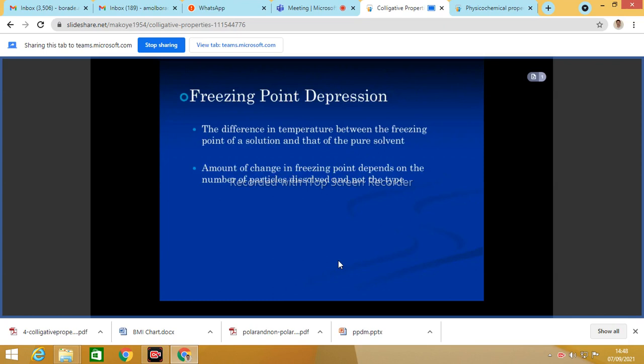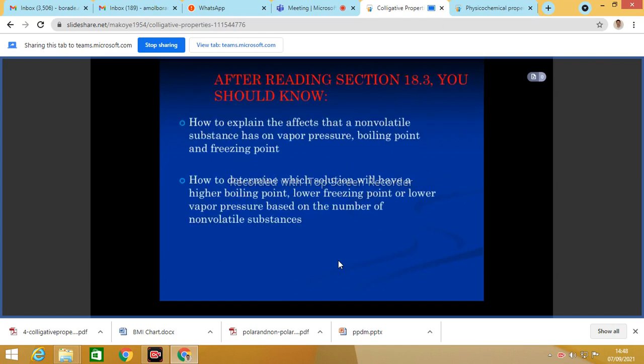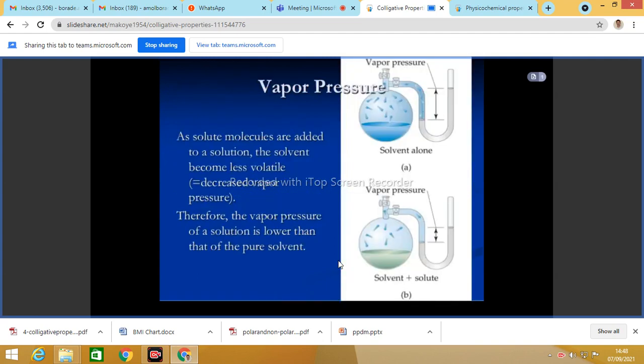I hope you understood the boiling point elevation as well as the freezing point depression. Similar examples are osmotic pressure and vapor pressure lowering. Can anybody tell me what is osmosis?